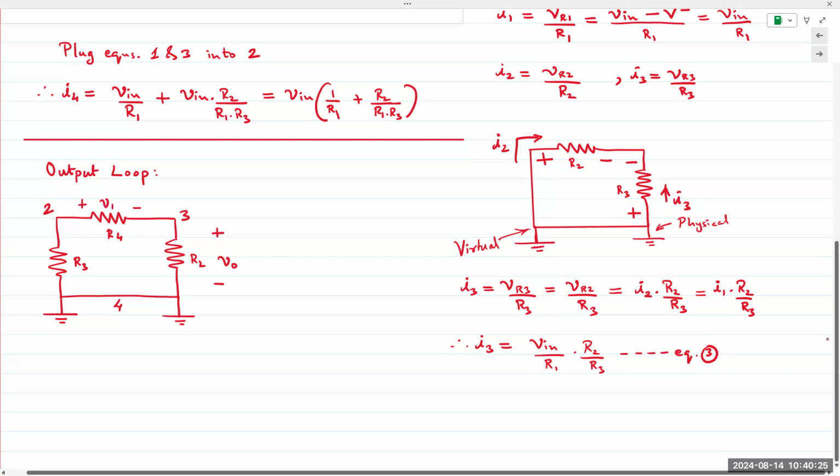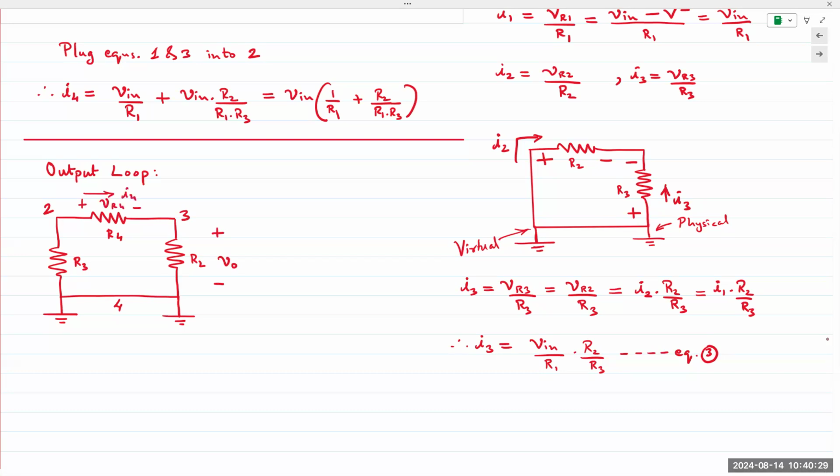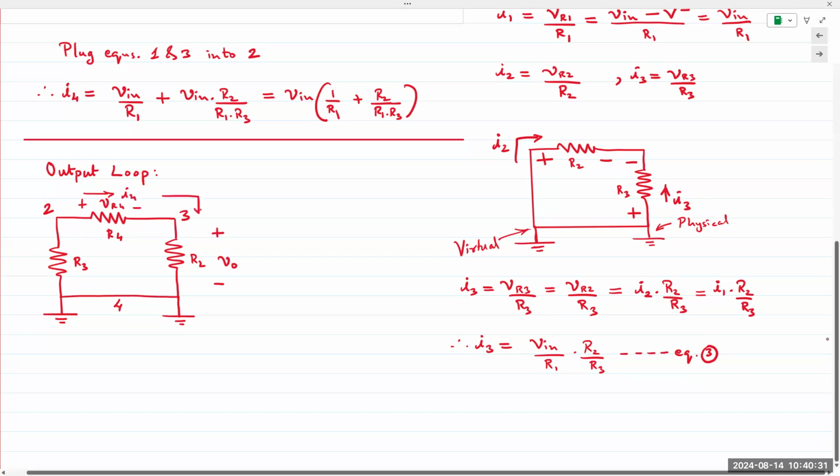We have VR4, and we have current I4 flowing in this direction. And then R3, of course, has VR3. Current direction was already given to us. If not, we simply assume.